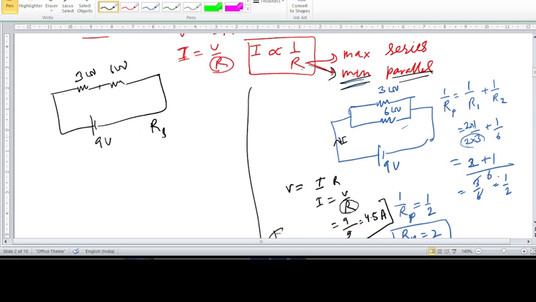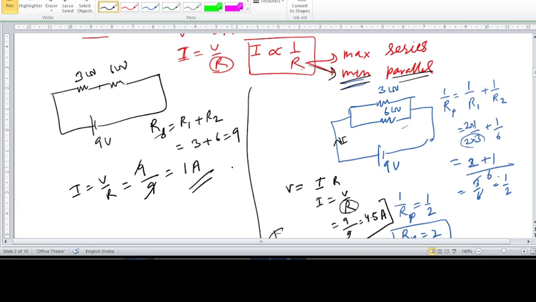Total resistance Rs is equal to R1 plus R2. So this is 3 plus 6, which means 9. Then using Ohm's law, I is equal to V by R. V is 9 volt and the total resistance is also 9. So this is 1 ampere.